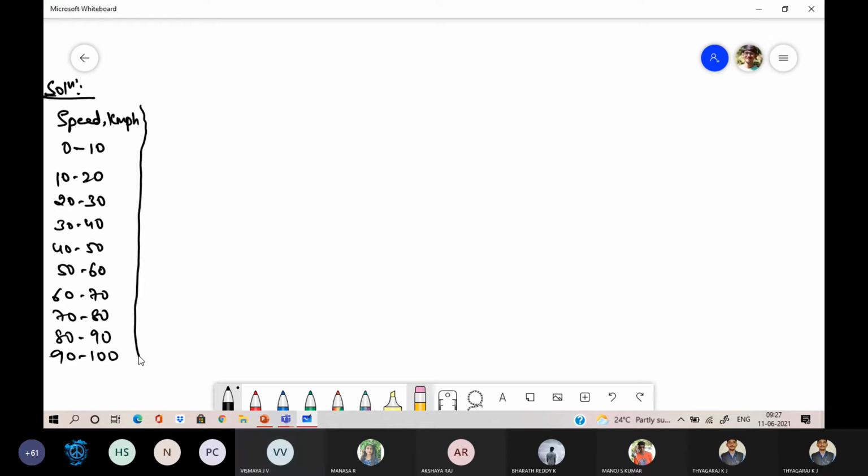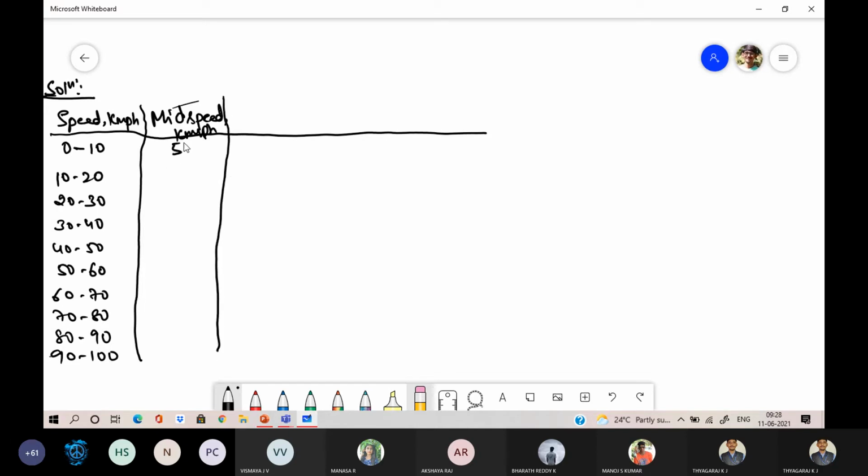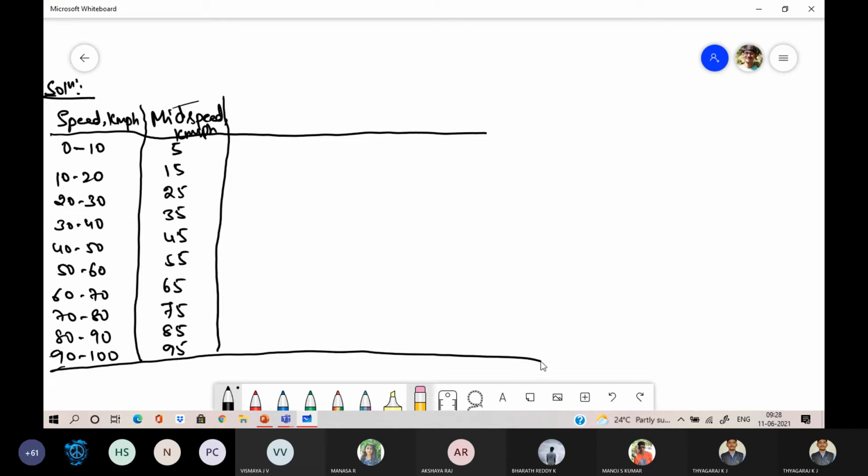Then first we have to calculate the mid speed in terms of kmph. Don't forget to write the units. Units will carry marks. So mid speed is 5, 15, 25, 35, 45, 55, 65, 75, 85, and 95. Is it correct? Yes, sir.